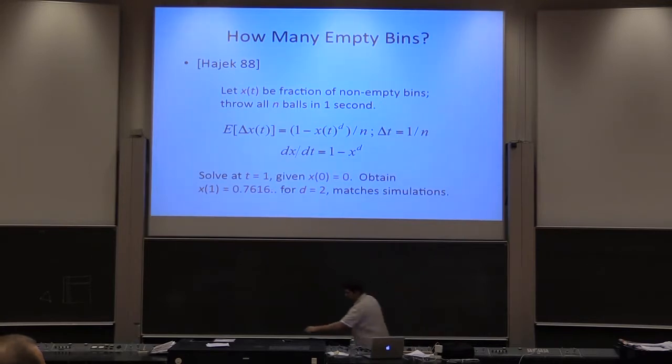Let's suppose we're looking at this two-choice system and throwing n balls into n bins. We want to start with an easy question. Forget the load distribution. Let's just figure out what fraction of the bins end up being empty. If we were just doing one choice, this is easy.